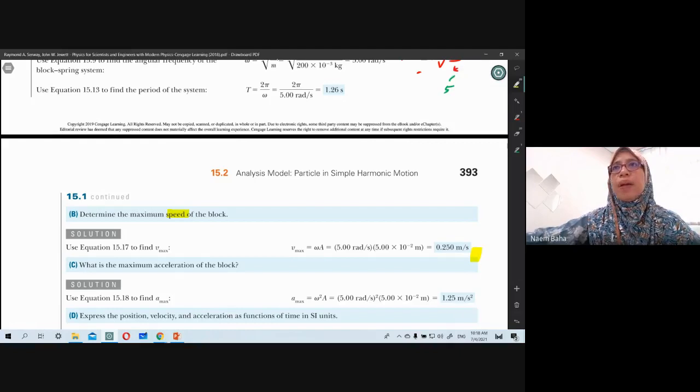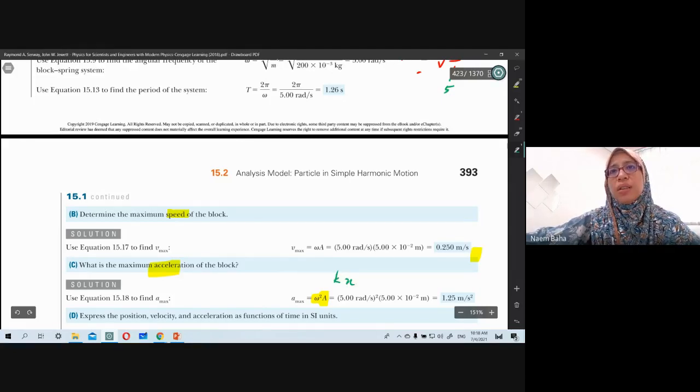Now, the other question is asking what will be the maximum acceleration. So you are using this expression, or okay, I'd like you to give this expression a try. F equals kx equals ma. Remember that you can omit the negative, same reason as this one.